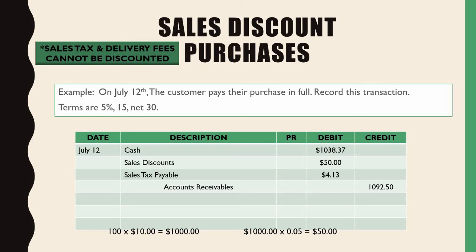That means they're going to give you $50 less. But we also have to calculate the tax off of the amount that you're being discounted for. I'm taking out my discount of $50, so I need to take out 8.25% of the $50 I'm taking off.